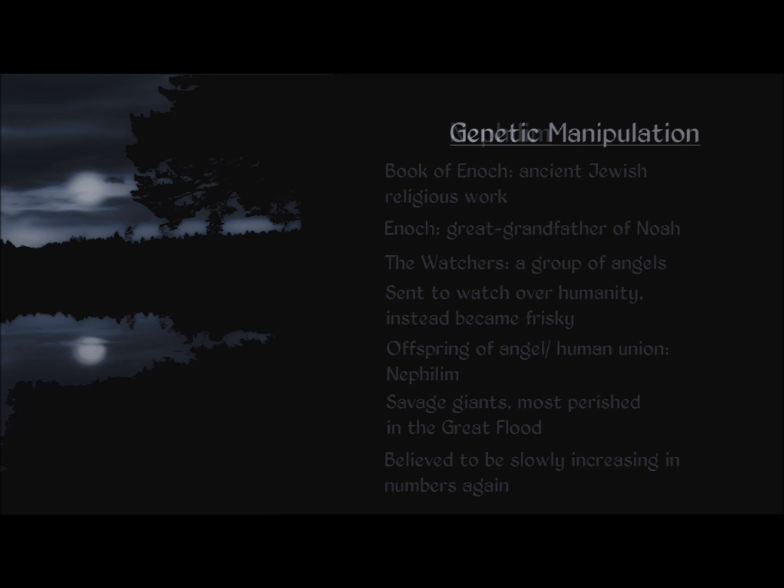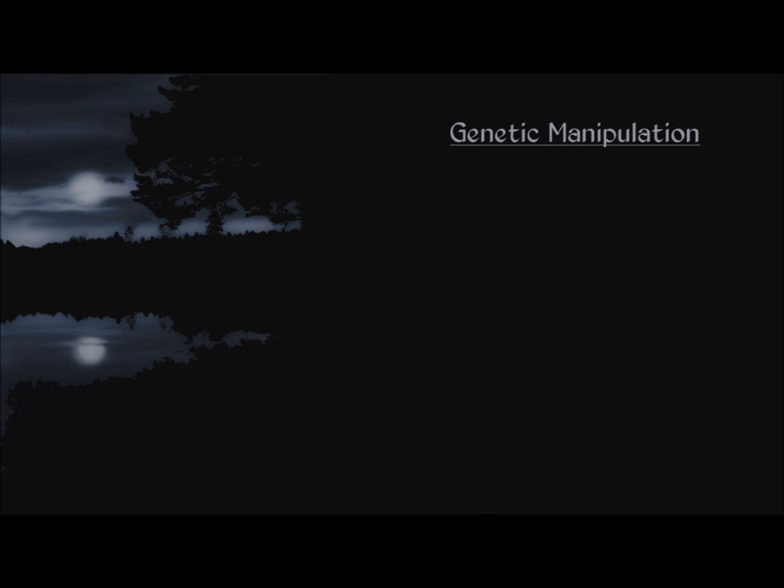The genetic manipulation theory is one that might be considered as belonging to the field of conspiracy theories. Be that as it may, it's intriguing because sometimes it seems to be the only way to explain a being such as a Dogman, which seems to have a little bit of wolf in it, a little bit hyena, a little bit of human or primate, and perhaps a little bit of feline.